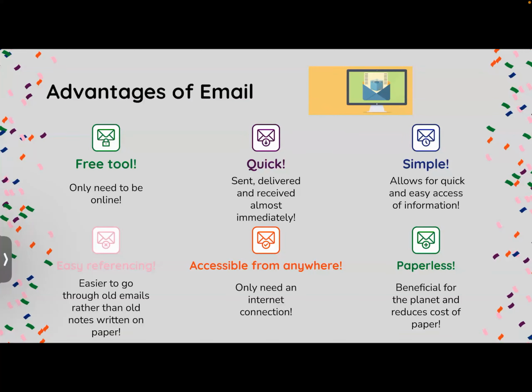If I wanted to go in that email and search for an email I sent in like 2008 or something, I can look that up in a second just by utilizing the search, rather than if you have papers, you don't have to go through each paper, and paper cuts, all that stuff. So it's way easier to go through emails than actual written notes. So we're gonna make sure we take advantage of that.